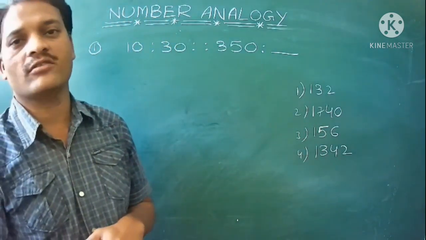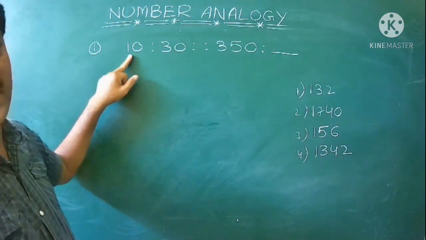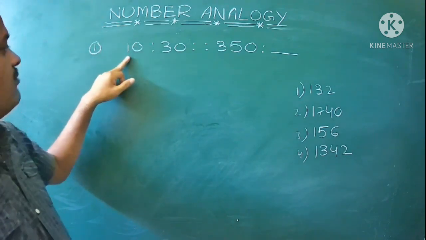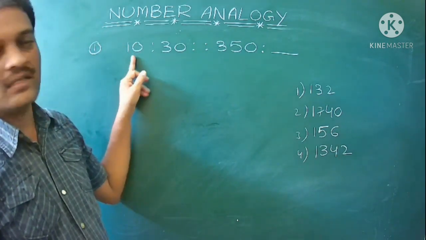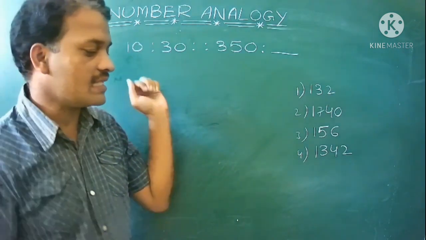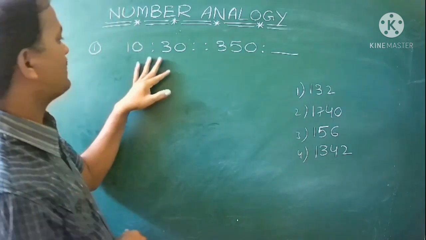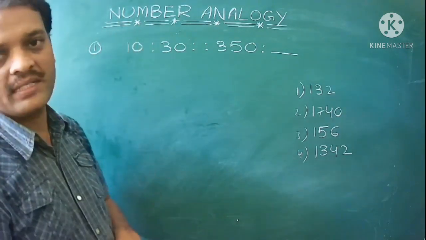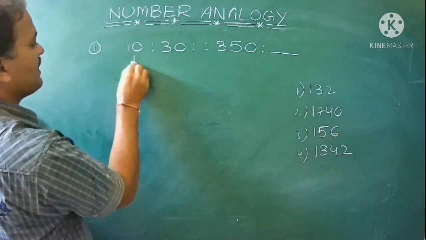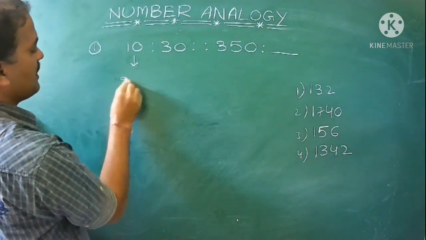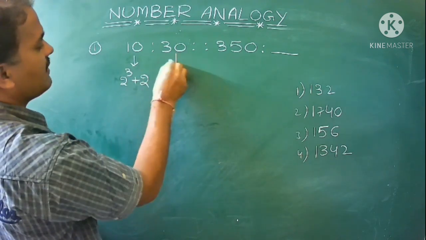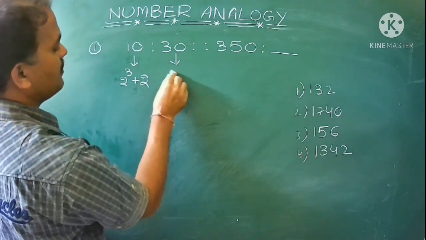You need to observe that 10 is near the cube of 2 and the square of 3, but 30 is near the square of 5, and the cube of 3 as well. Based on that, first of all, 10 can be written as 2 cube plus 2, and 30 can be written as 3 cube plus 3.